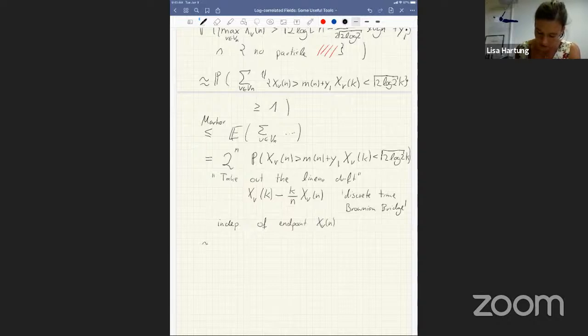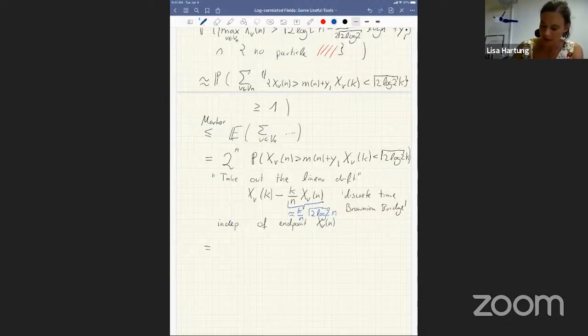And so now I can rewrite this. And now I can use that this term here in the back is essentially k over n times, because now I have X_v of n larger than m_n, square root 2 log 2 n in first order.